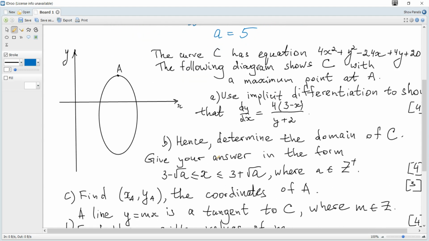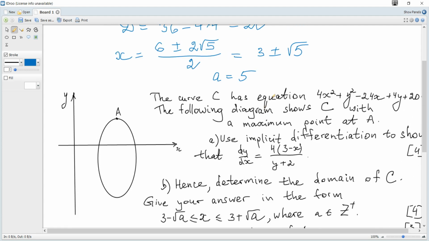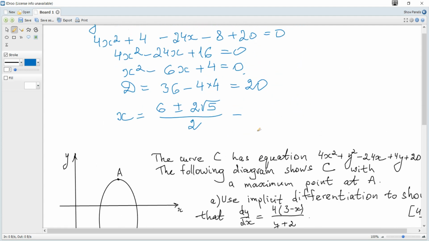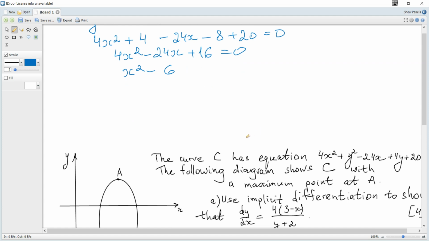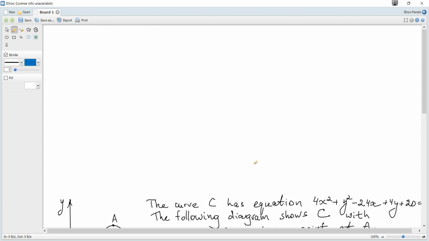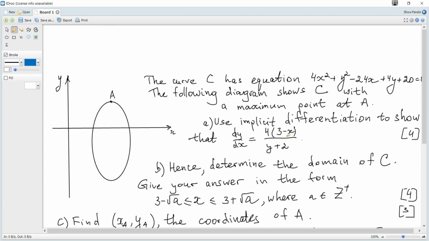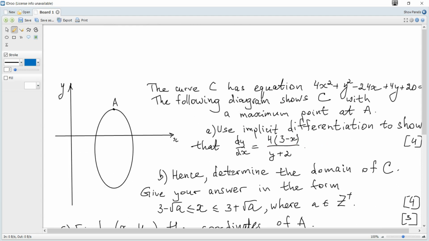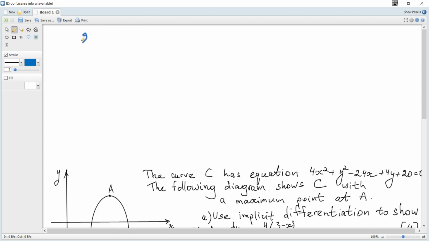The next part: find the coordinates of A, which is a maximum point. To be a maximum or minimum, it's a point where there is a horizontal tangent, which means that dy over dx, the derivative, is 0. It's clear as it's where x is 3, so the x coordinate of A is 3.